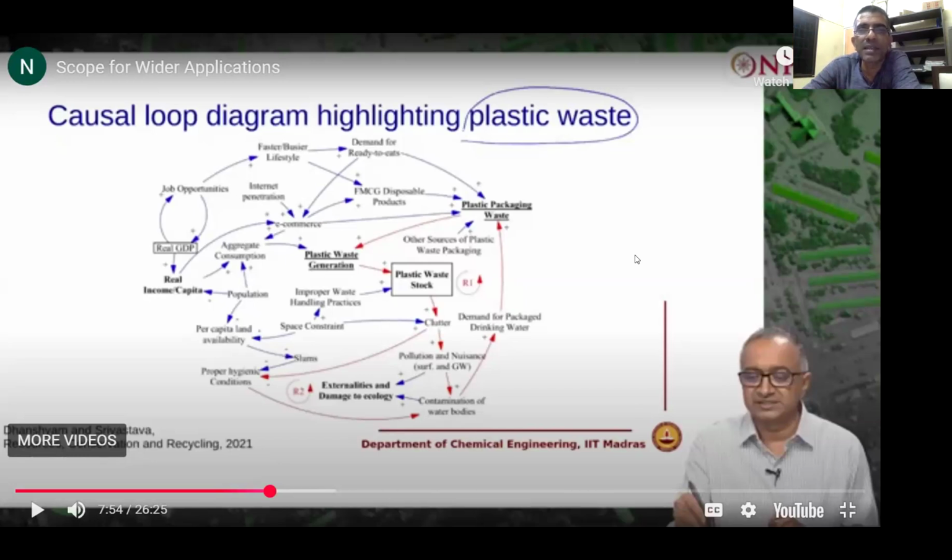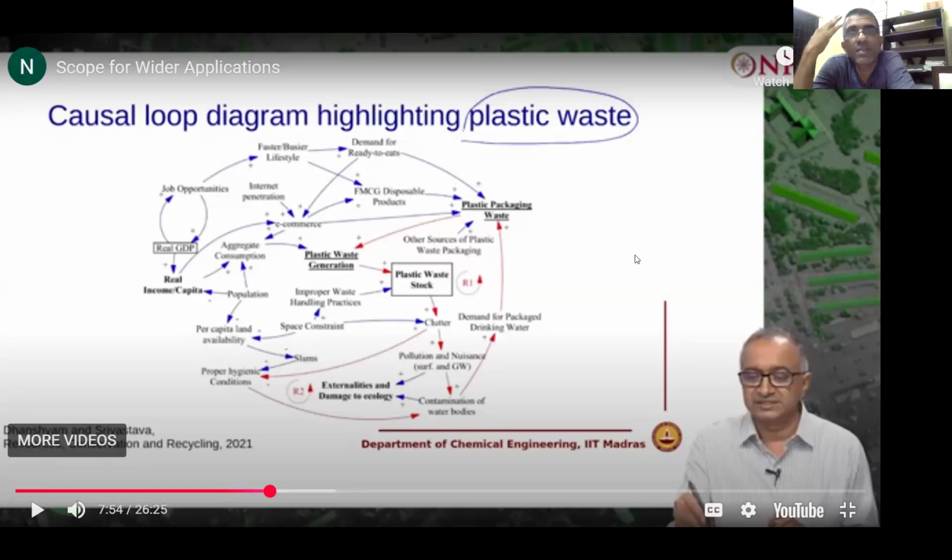That in turn returns plastic packaging waste, so that leads to more plastic. Everywhere there are water bottles these days. So this is a positive cycle. Do you see the cycle? R1, the red line. So this goes on, and I just saw today, one whole river in the Philippines was full of plastic before they cleaned it up. So that's what happens.